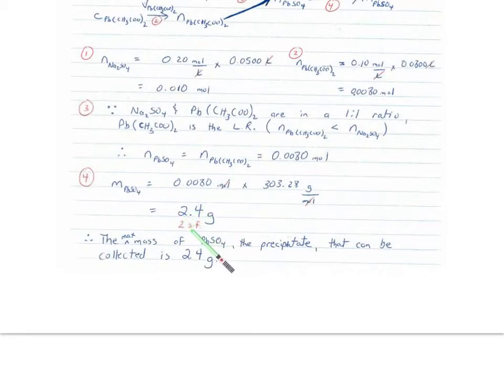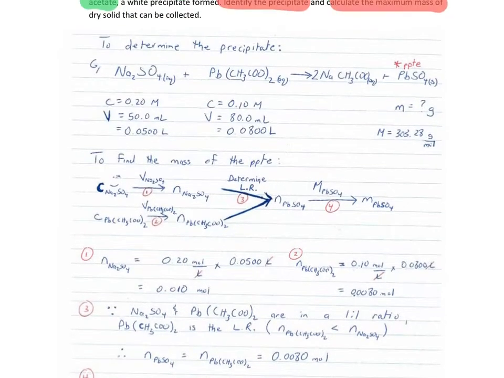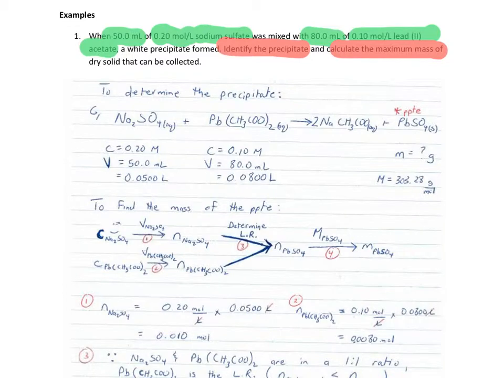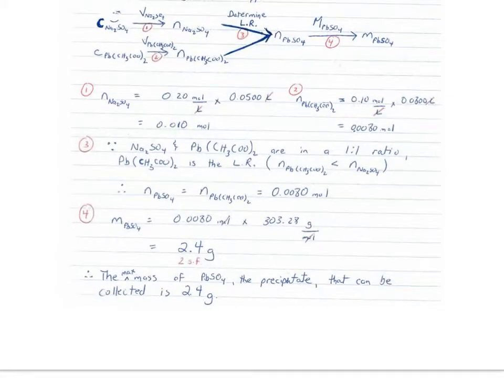Note that I have two significant digits because in some of my initial numbers I had two significant digits given here and here, and three significant digits given here and here. Based on the operations that we did, we were only allowed in the end to have two significant digits. I summarize that in a statement.